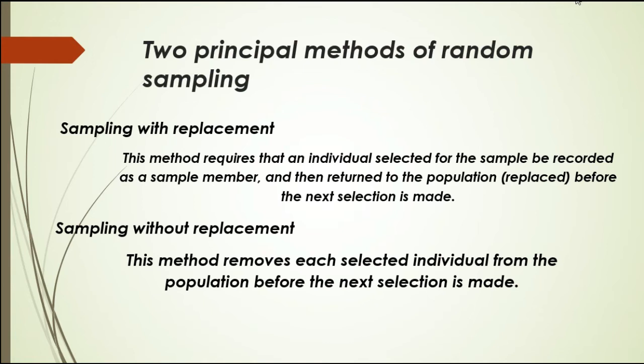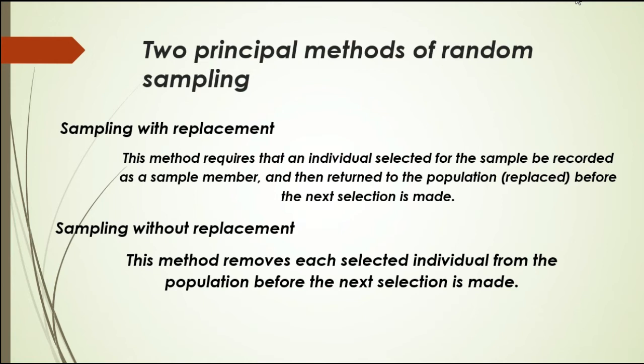To keep this same probability of 1 over 100, for the second selection, it is necessary to return the first individual to the pool before the next is selected, because the probability stays constant. This technique ensures that the selections are independent.